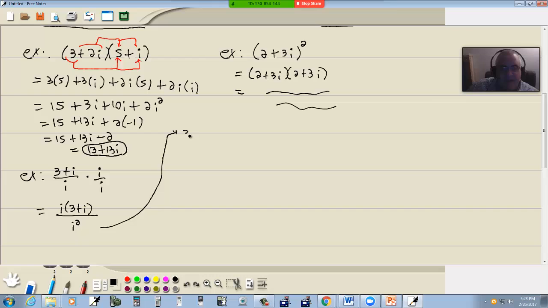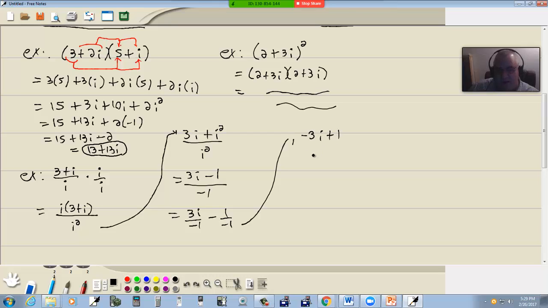Now i times 3 is 3i, and i times i is i squared, over i squared. Now remember what we set up above, what i squared is equal to. So we can replace those i squareds with negative 1. And then if I divide both these by negative 1, 3i divided by negative 1, and negative 1 divided by negative 1, we're going to end up with negative 3i plus 1, or 1 minus 3i, putting it into standard form.